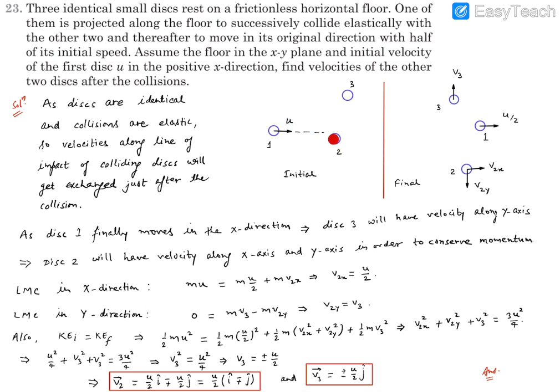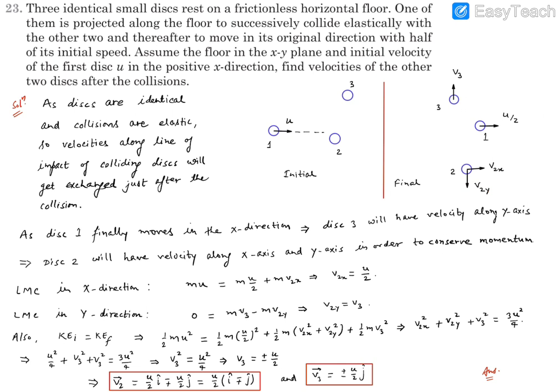In it, 2 is going to have some velocity in this plane, maybe an x component, maybe a y component, and we need to think about whether it is x alone, y alone, or both. So let's start by assuming 2 has both components, an x component as well as a y component.